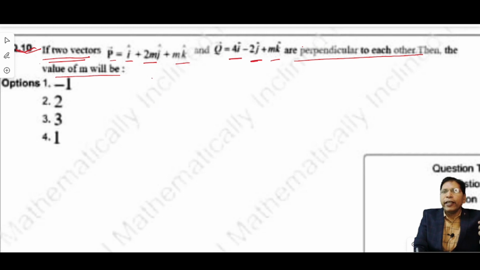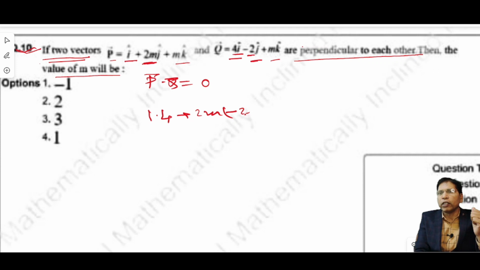So here p vector dot q vector equals 0. Coefficient of i is 1, here coefficient of i is 4. So this is 1 into 4 plus the coefficient of j is 2m, and here it is minus 2. So this is 2m into minus 2.